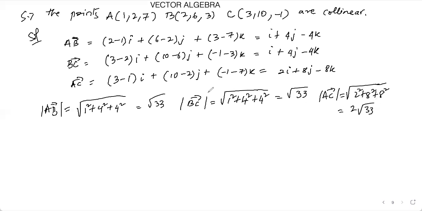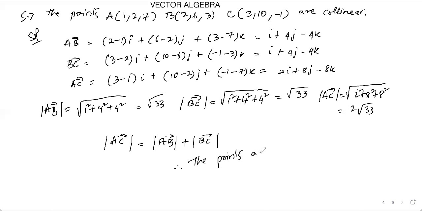So hence we got AC is equal to AB plus BC. Therefore, the points are collinear. So we got that result.